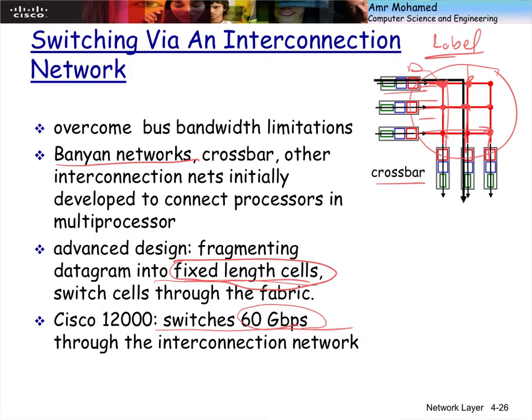And in order to facilitate concurrent packet switching, we also talked about the Banyan network, where we have crossbar architecture that allows multiple input ports to write to multiple output ports at the same time. And we do that through controlling the intersecting points between the input ports and the output ports.